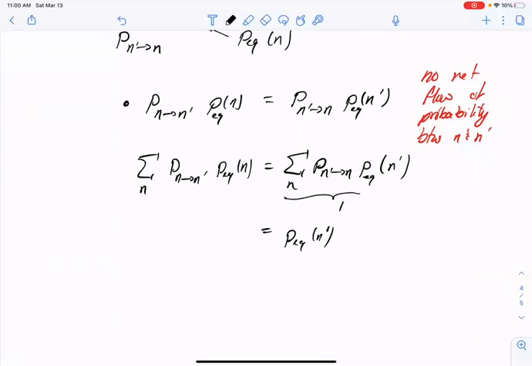If it holds for all pairs n and n prime, this implies that there are no cycles within an equilibrium state. There's no net probability flow within any pairs of probabilities. And this is a strong statement concerning equilibrium.